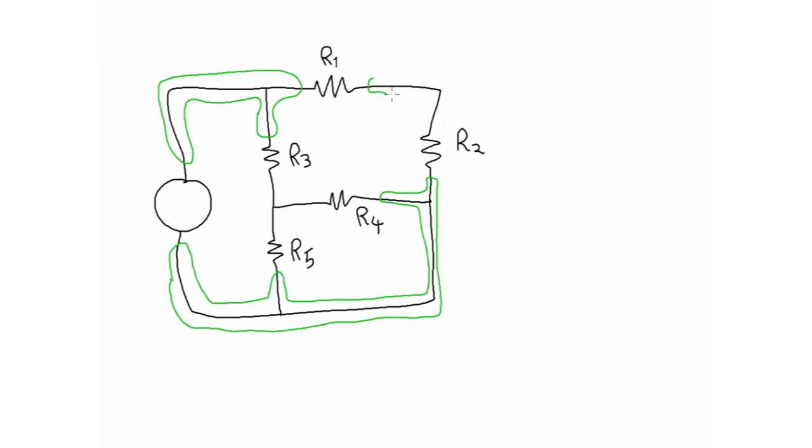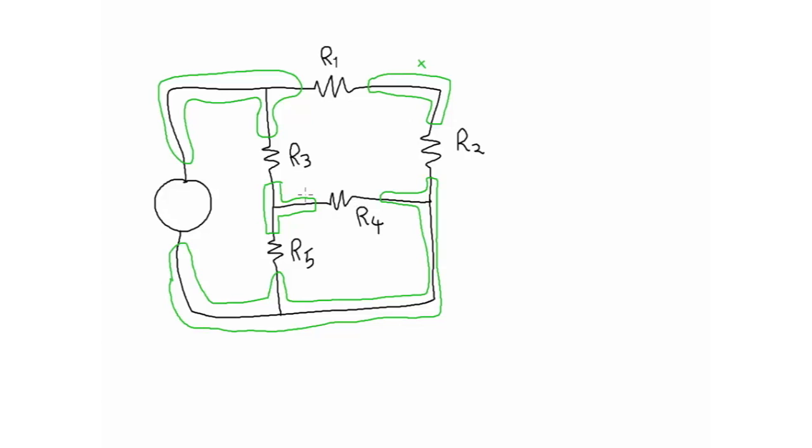And then we said that series components could be recognized as series components because they were both joined to a node, and that node went nowhere else. So I looked at this node here and I said, look, there's only two branches connected to that, and those two branches must be in series.